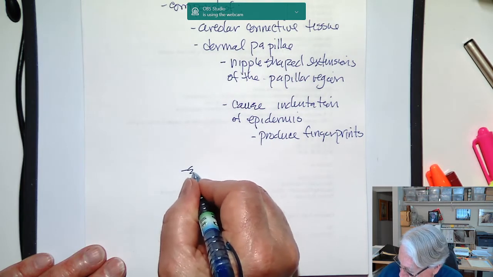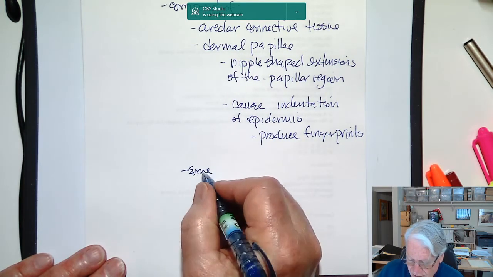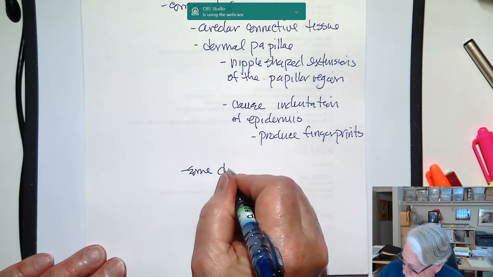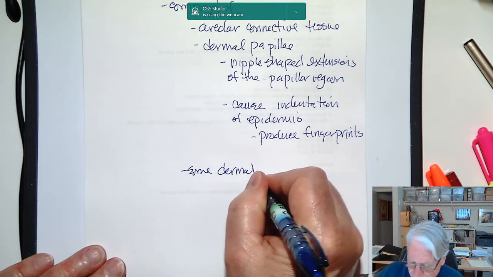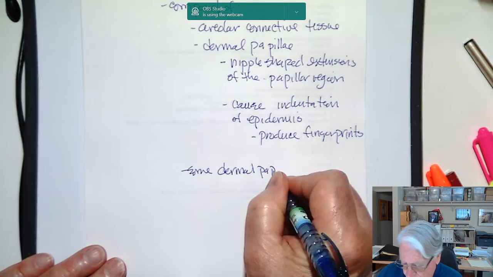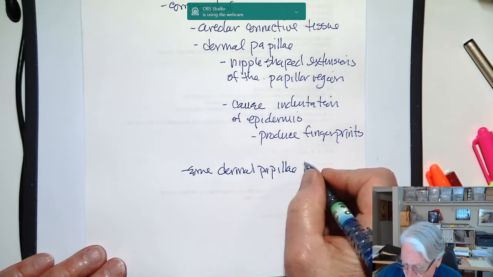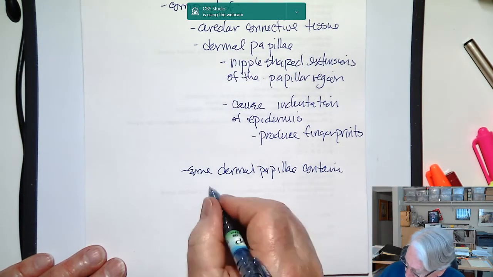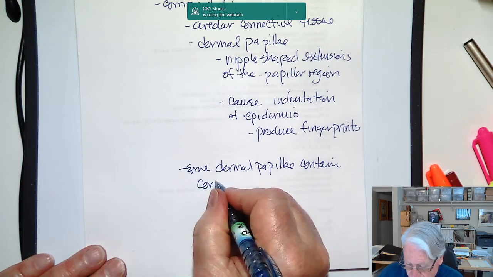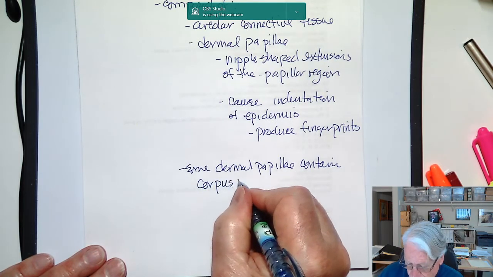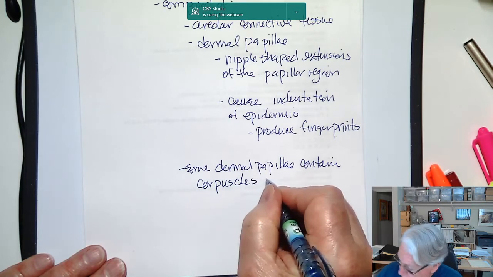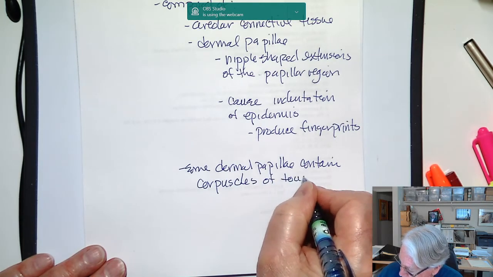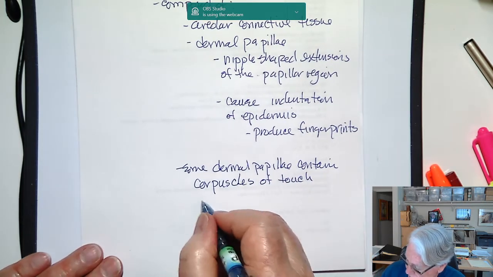Some dermal papillae contain these corpuscles of touch, also referred to as Meissner.